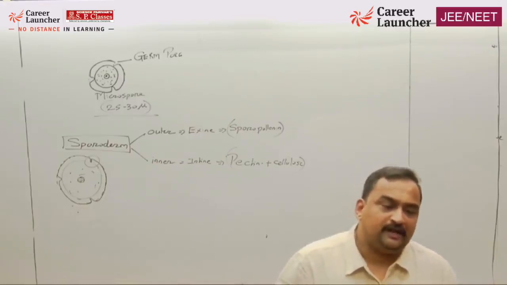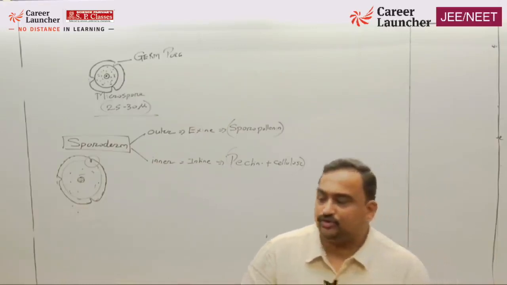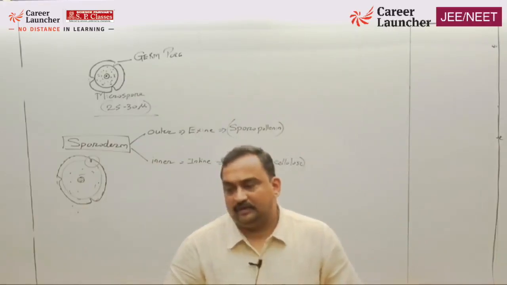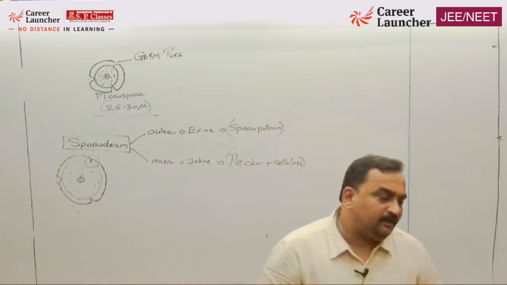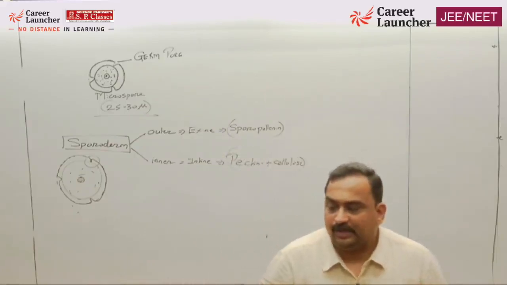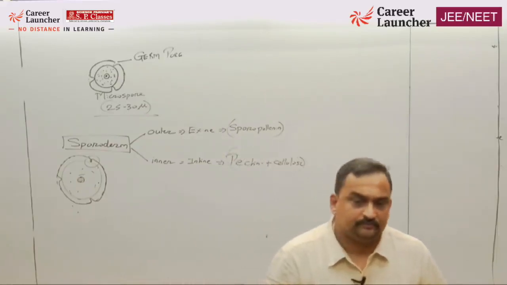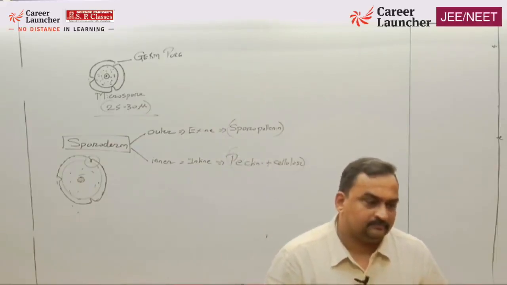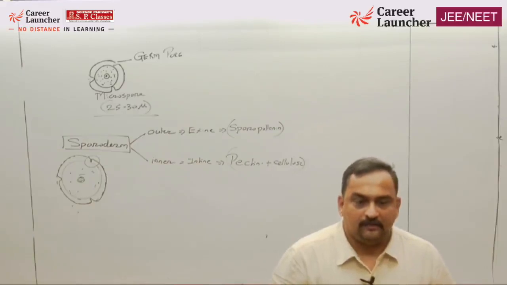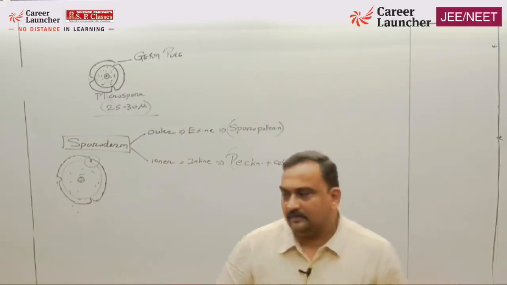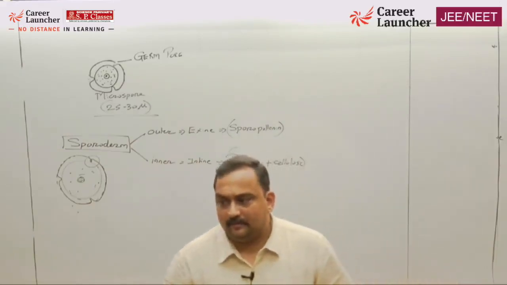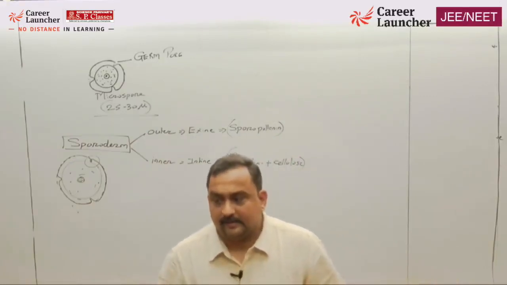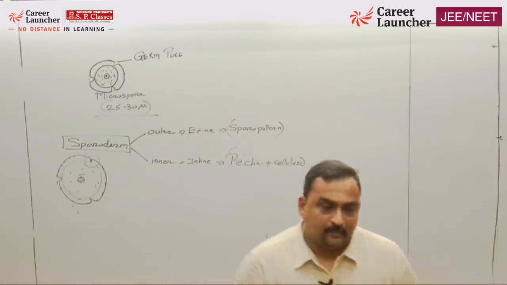The intine is smooth, delicate, made up of pectin and cellulose. Okay, next.